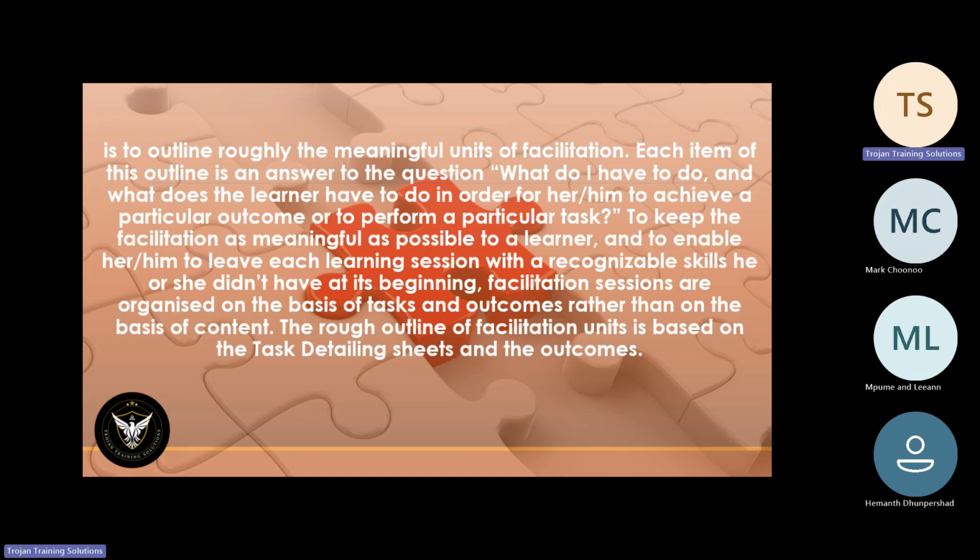So these are questions that you can ask yourself. What must you do as the facilitator? And what must the learner do in order for them to achieve those outcomes?